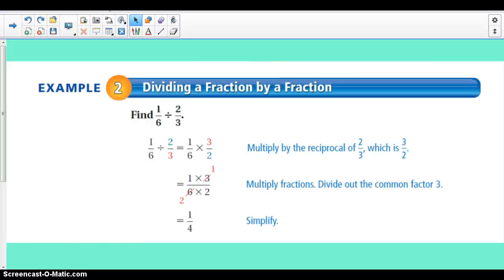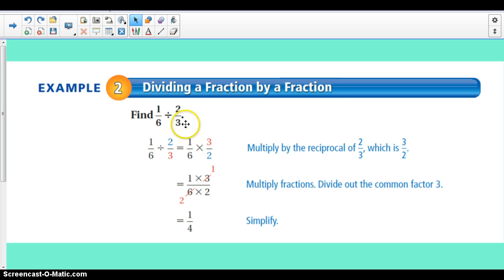Example 2, dividing by a fraction. I am now on page 65 of your book. Alright, here's your division problem. 1/6 divided by 2/3. Your first fraction you keep exactly the same. You flip division to multiplication and flip the second fraction to its reciprocal.